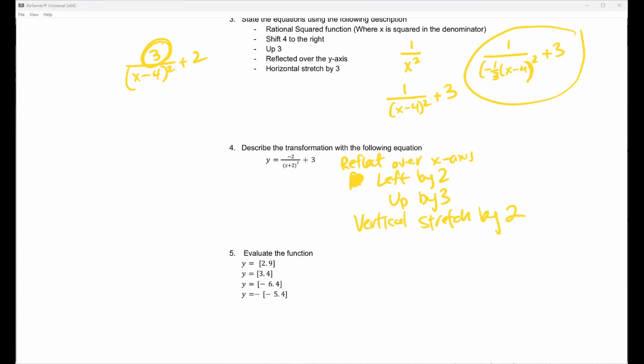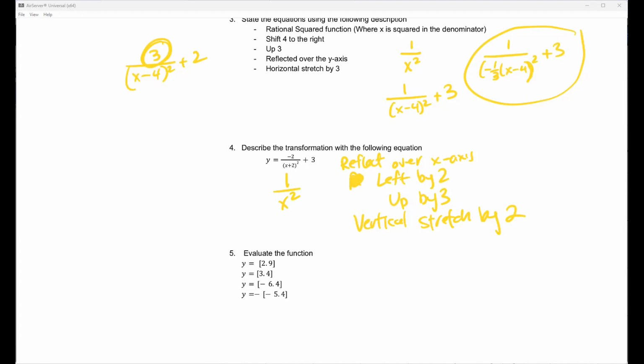I think that's it. Do we need to state what type of function it is? Yeah, maybe put 1 over x squared is the parent. Vertical shrink would have a fraction on the numerator. Would the shrink have a normal number in the denominator? Yes, a whole number in the denominator.